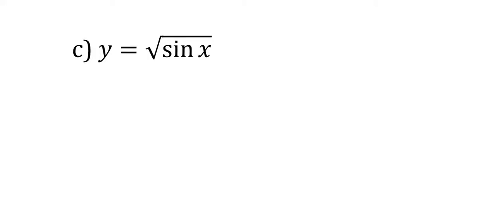All right, so we're going to get into some slightly more interesting ones here. I'm going to think of this as sine x to the 1/2, right? And now we're looking at power of a function rule again, which is just chain rule. But so how do we do that?